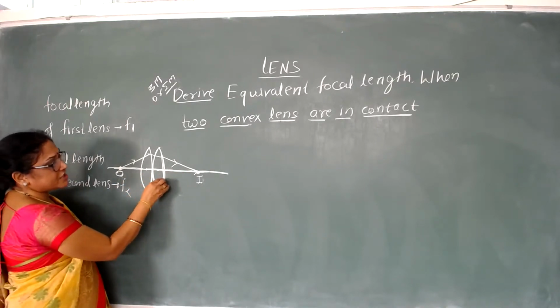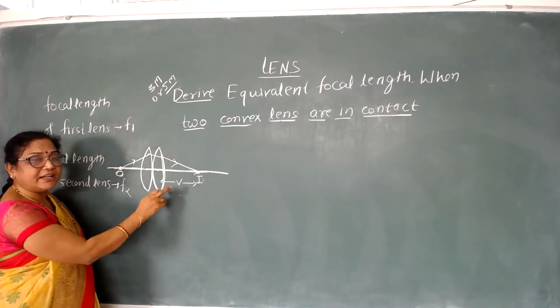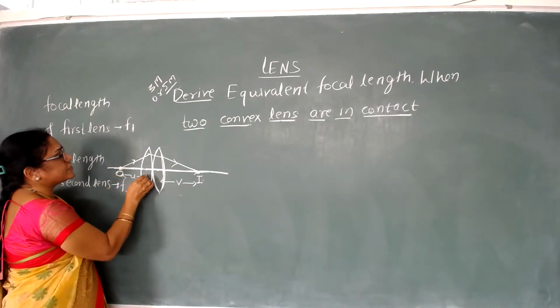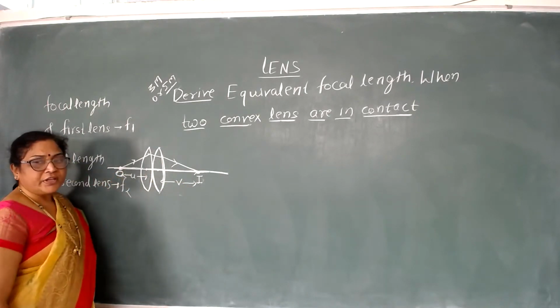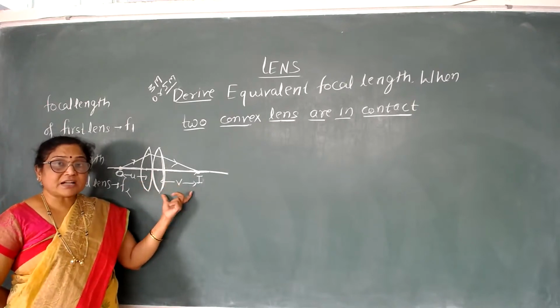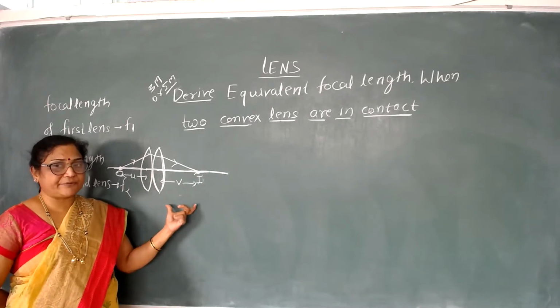Here, this distance is known as the image distance, and image distance is denoted by the letter V. And this is the object distance, and object distance is denoted by the letter U. Then, when we simplify this, in the last class we derived the lens formula by using two spherical surfaces.